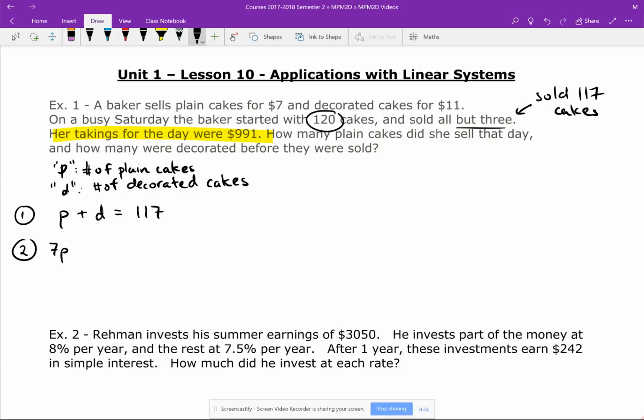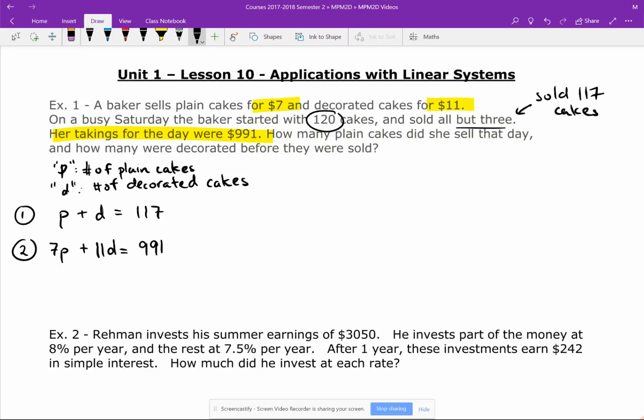And she sold decorated cakes for $11, so you can see that right here in the question. So for the decorated cakes, it's $11 per cake times the number of decorated cakes, which gives you the total amount of money that she made from selling decorated cakes. And in total, adding plain cakes and decorated cakes gives you $991. So there are my two equations.